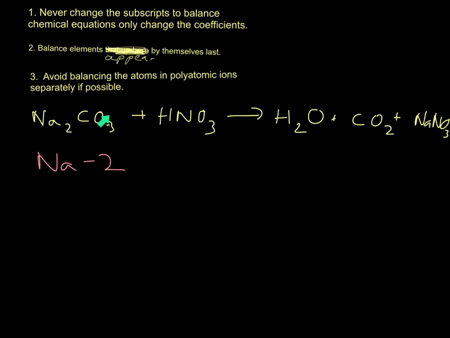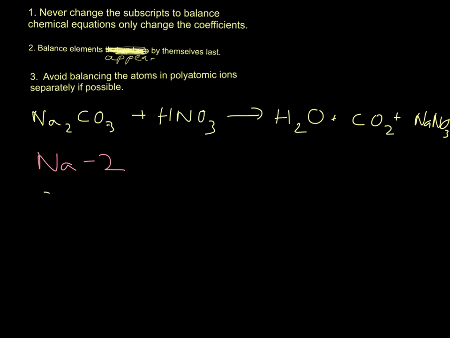I can only balance carbonate as a unit if I see the carbonate ion appearing on the other side of the equation. Is carbonate over here? No, carbonate is not over here on this side of the equation. Therefore, I can't balance carbonate as a polyatomic ion. I have to balance carbonate separately because it doesn't appear on the other side of the equation.